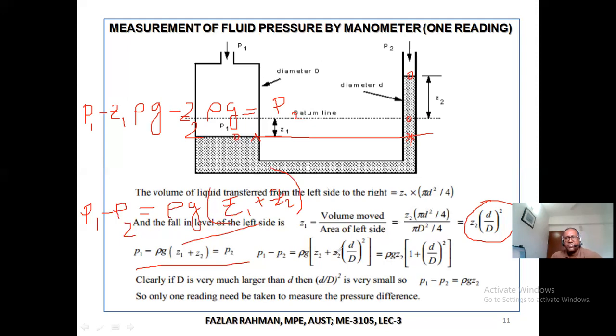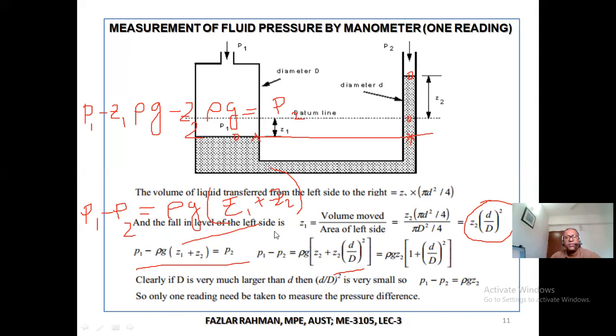So right over here, this is actually Z1. This Z1 will be replaced by this value. So P1 minus P2 equals rho G (Z2 plus Z2 into d squared). That means you're taking this value and putting in the Z1. Now Z2, you take it out, take it common. So you get 1 plus (d by D) whole squared.